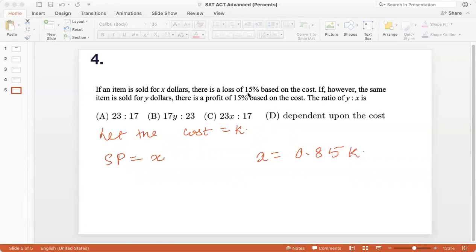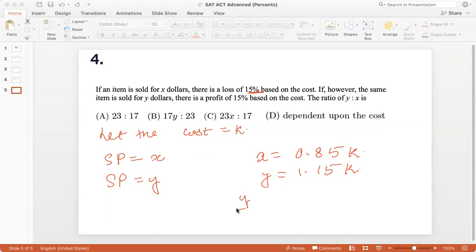So X is 0.85K because 15% loss on K would be 0.85K. And if my selling price is Y, then I have a gain or a profit of 15%. So Y is 1.15K, right? Because of 15% profit on the cost.